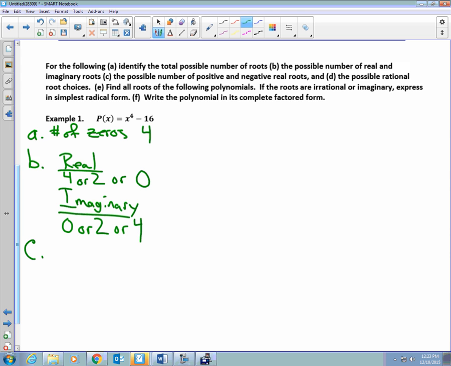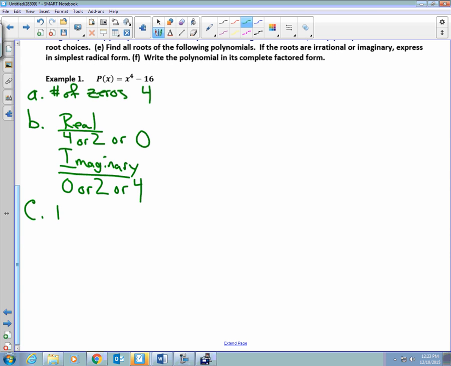C, possible number of positive and negative reals. So, considering these real solutions, 4, 2, or 0, how many would be positive? How do I determine the number of positive ones? How many sign changes? How many sign changes are there in P of X? There's 1. So there is 1 positive real solution.